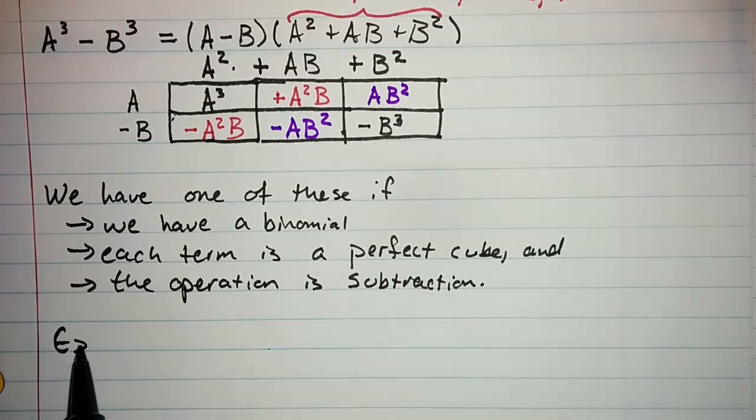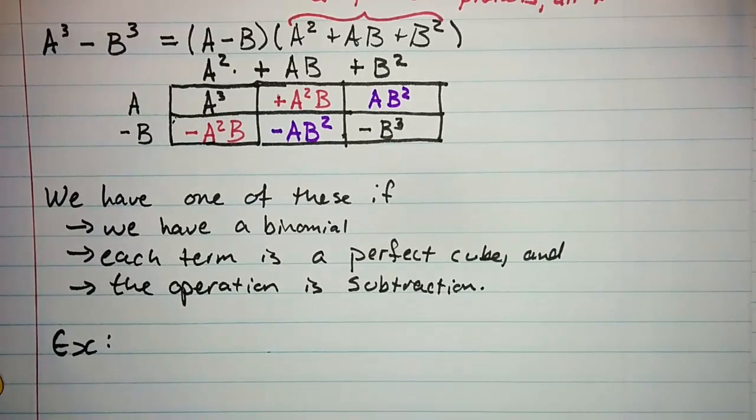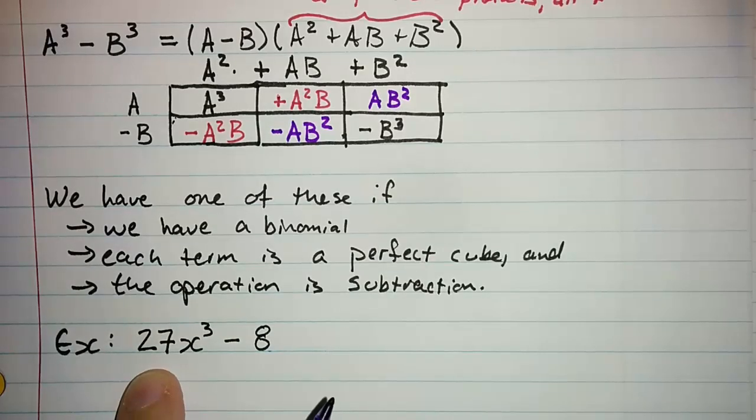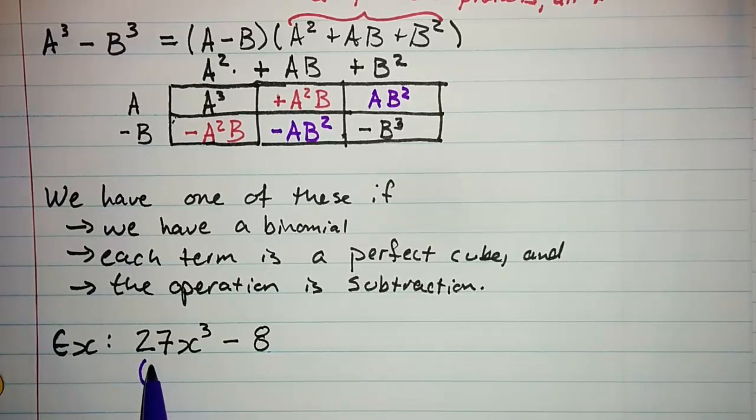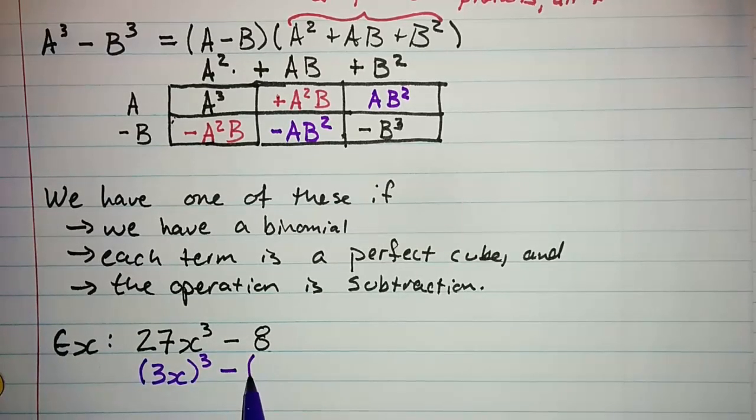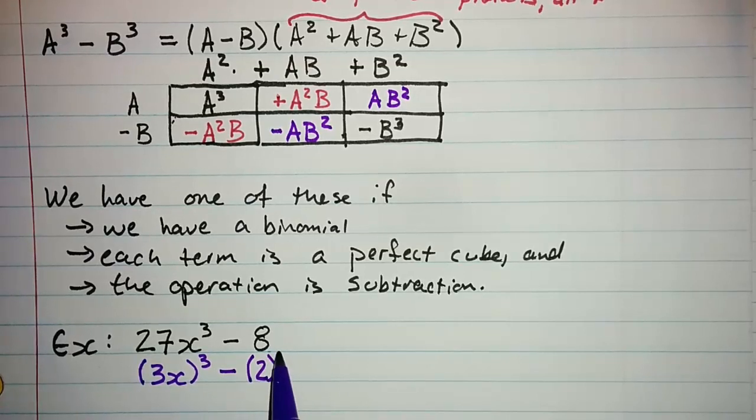So, for example, the polynomial 27x cubed minus 8. We note that 27 is 3 cubed, so this term is 3x all cubed. And 8 is 2 cubed, so this is 2 all cubed. Difference of cubes, cube minus cube.